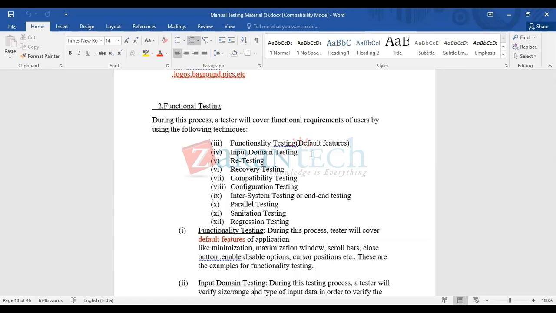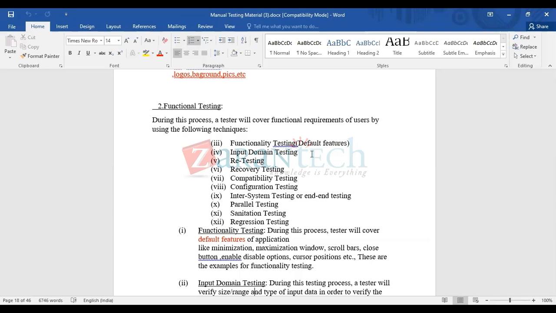So save and open options should work properly, then only you can use that application very well. Whenever you need the information, you have to open it, right?